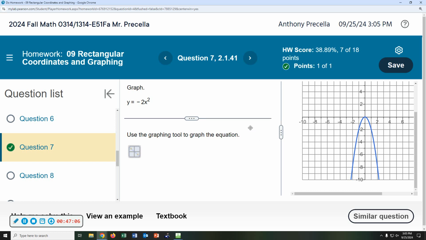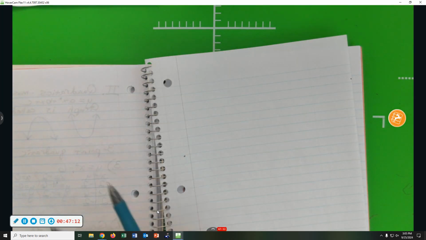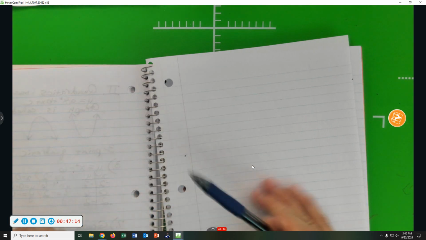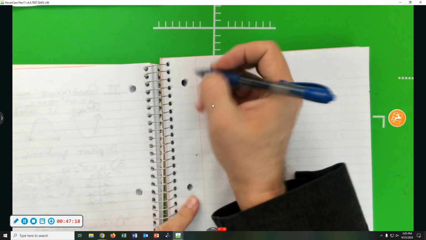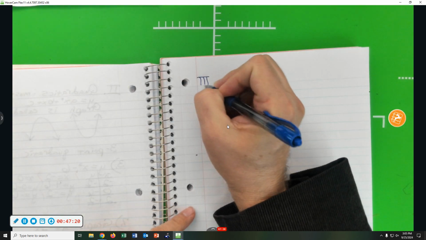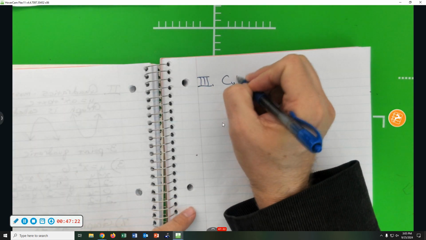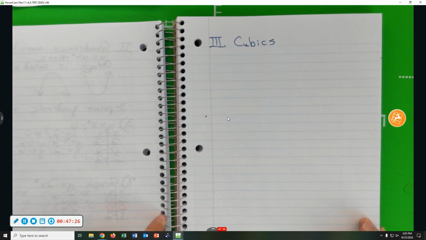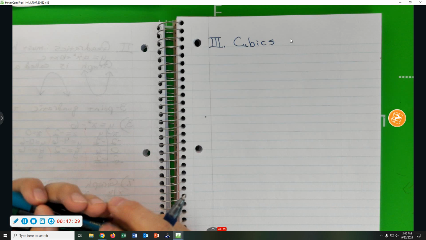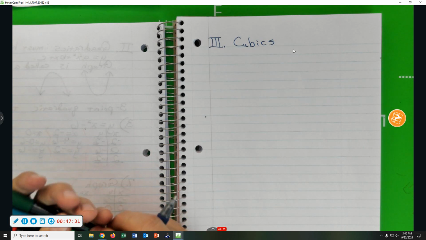Yes. Okay, let's do cubics. So quadratics have a square. What do y'all think is the exponent for cubics? Don't tell, I'm going to let them tell me.